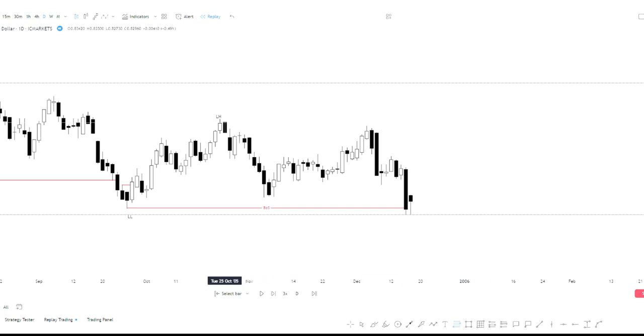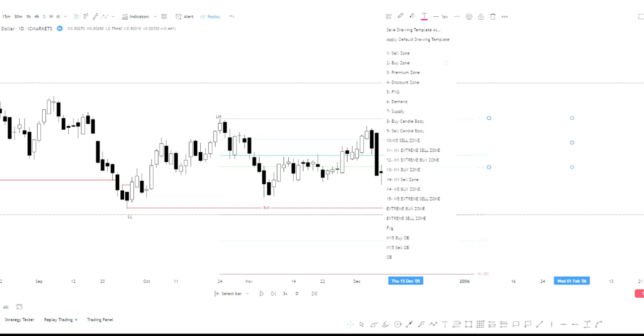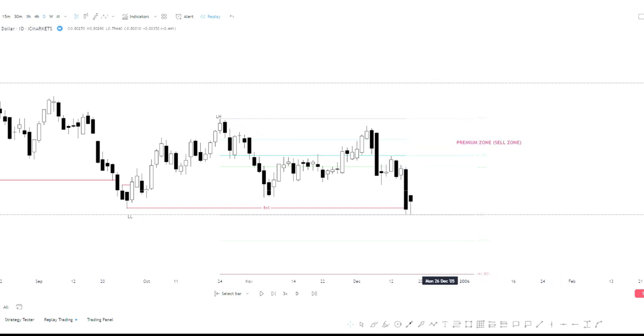Grab the Fibonacci tool again, the same way we draw Fibonacci from the lower high to the recent market price after the break of structure. We mark our trading zone between the 100% and 50% levels of Fibonacci. And this is again our premium zone.